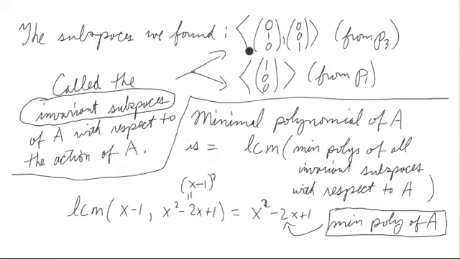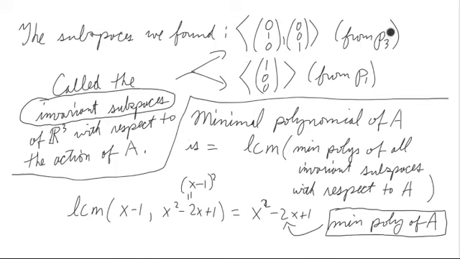In that case, these are the subspaces we found, the one from P3, the one from P1. These are called the invariant subspaces, and I would correct this to say of R3 with respect to the action of A. Okay, the minimal polynomial of A is actually going to be equal to the least common multiple of all of the minimal polynomials of all those invariant subspaces that we saw.